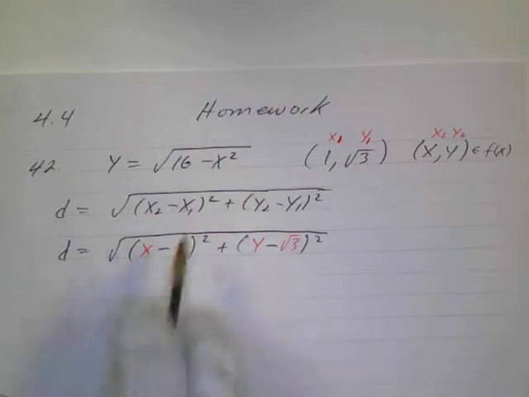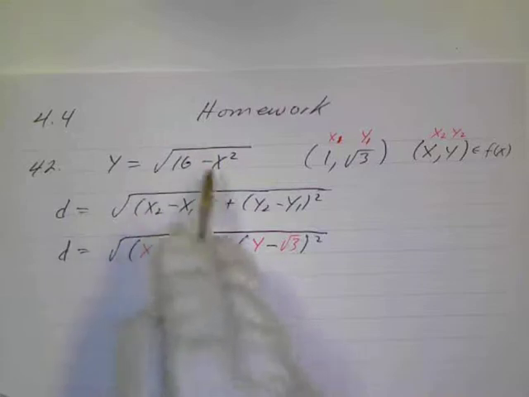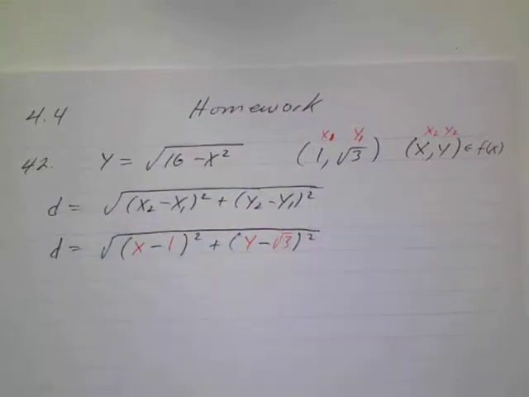We can't do it like it is, so right here we've got a constraint that y equals the square root of 16 minus x squared, so I'll put this in here.